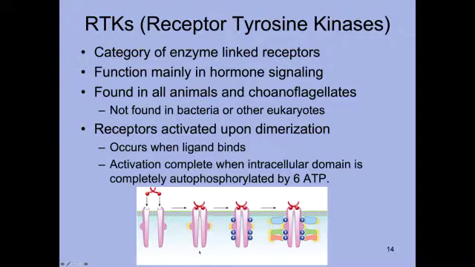Now, if they are a homodimer, it will be two of the same receptors bound to each other. If it is a heterodimer, then it will be two different receptors bound to each other. Once these two receptors are bound to each other, these are receptor tyrosine kinases. Since they are kinases, they are going to grab a bunch of phosphate groups off of ATP.